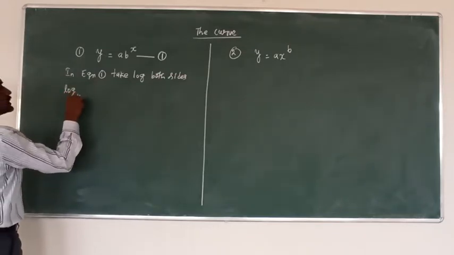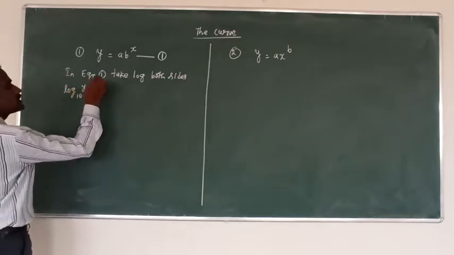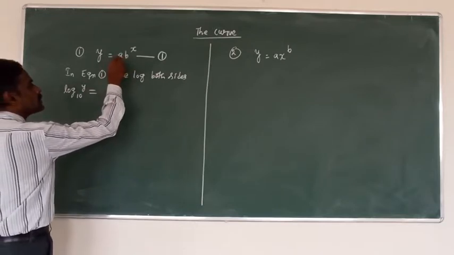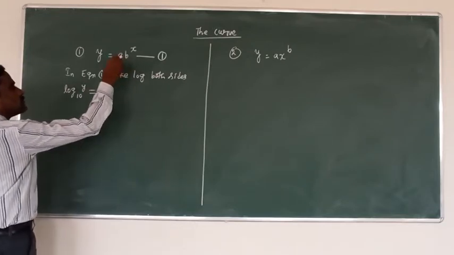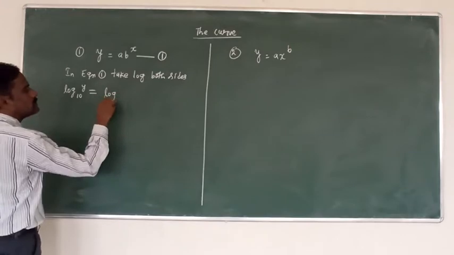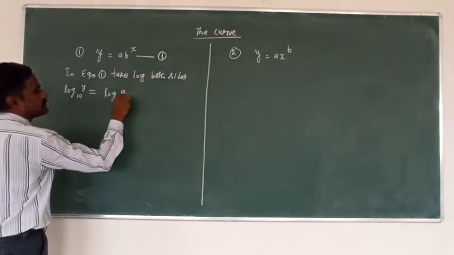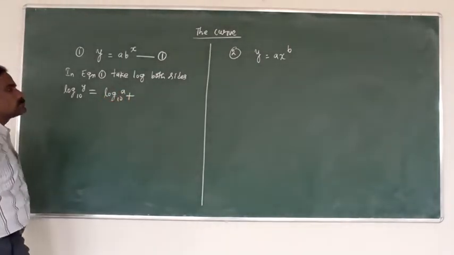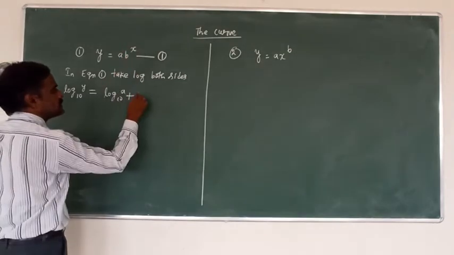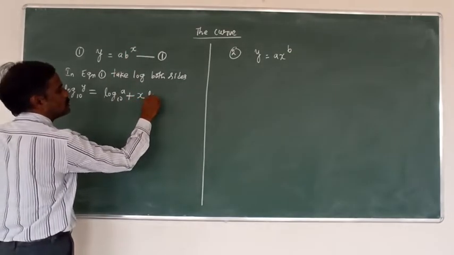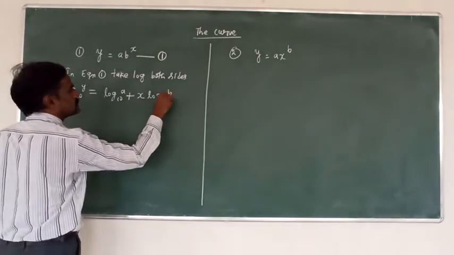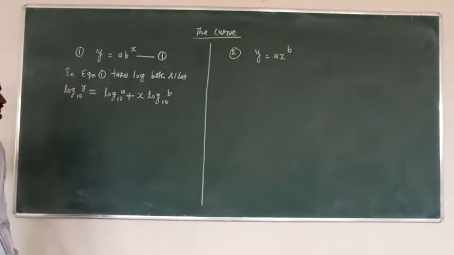Log 10 y equal to, this is for log m dot n format, log 10 a plus, the power comes down, log 10 power b.